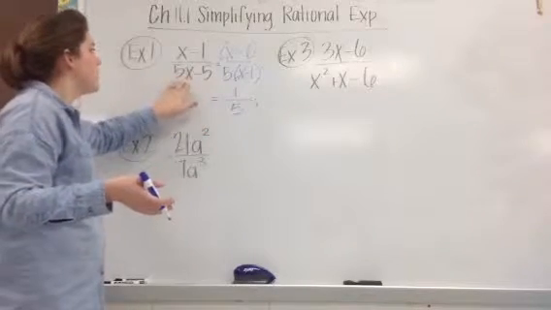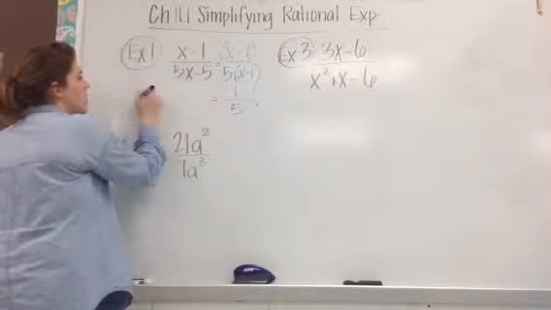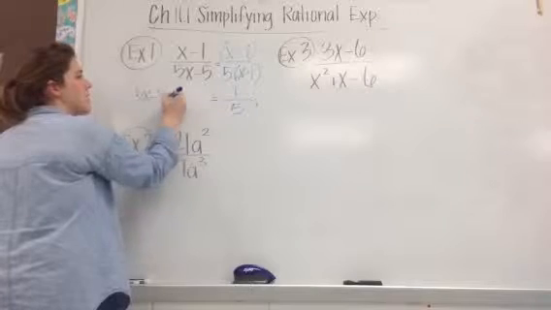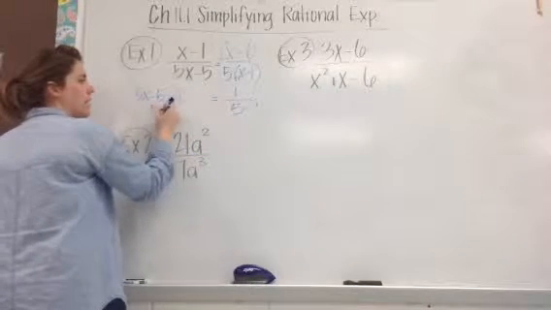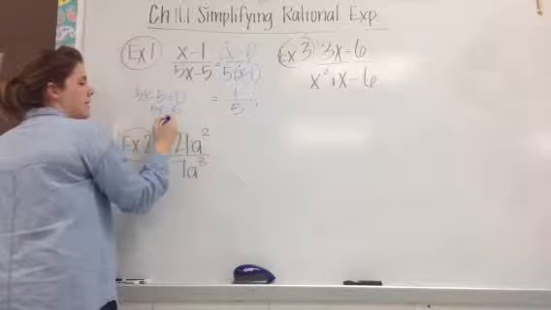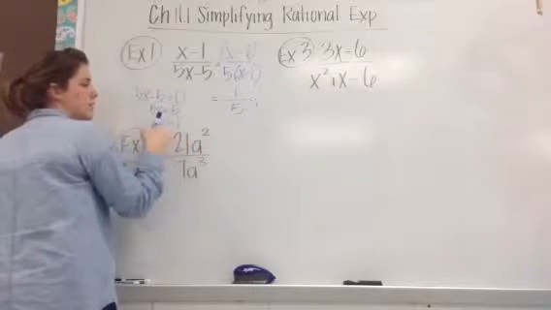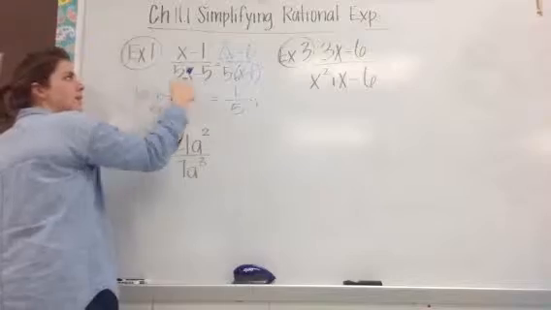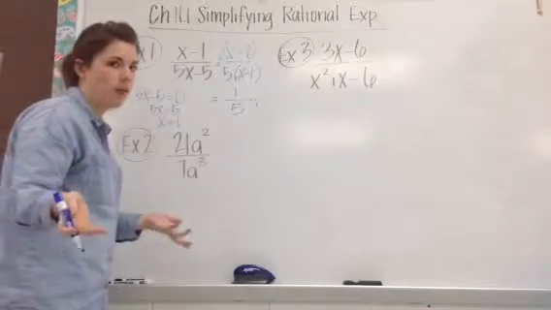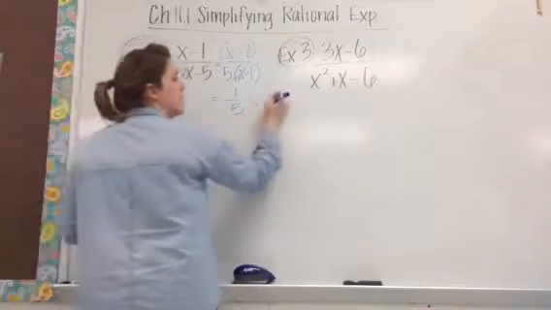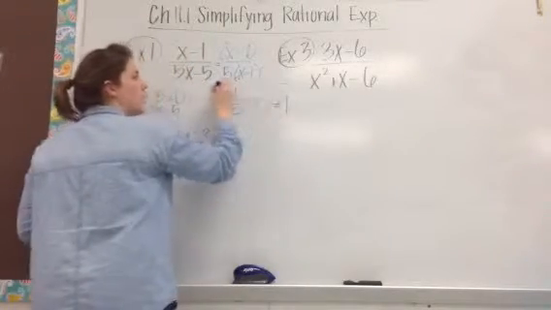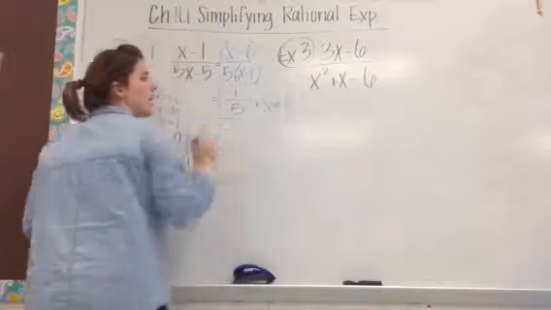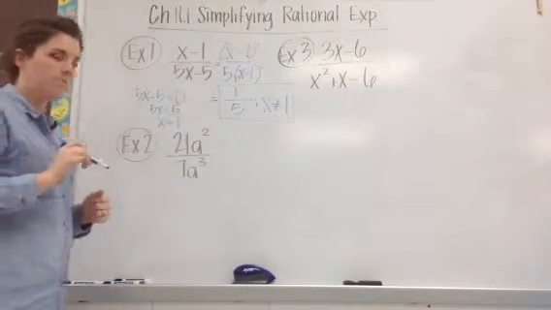So if I look at 5x minus 5, and I need to figure out what would make it 0, I'm just going to set it equal to 0. If you add 5, you get 5x equals 5, and then x cannot be 1. If x equals 1, then this is going to be 0, which is impossible. So x cannot be 1 states our excluded value. So my whole answer is 1/5, and x cannot be 1.